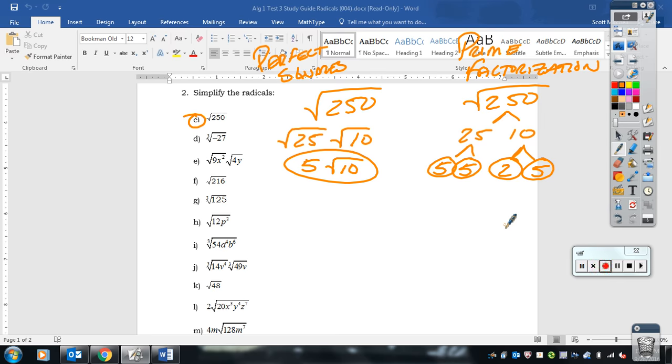Every time you see a pair of numbers, you write that down. The way to think of it is, if you have a date, you get to go to the dance, you get to leave, that's one pair. The solo individuals left over have to stay home: 2 and 5, which multiply to 10, so 5 rad 10. In either event, you get the same answer, 5 rad 10.